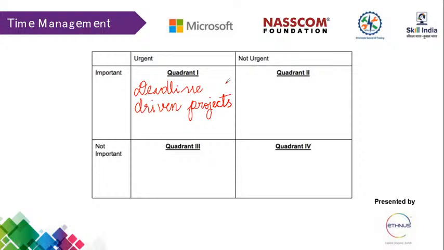Okay. Now, let's go to the next quadrant, that is important but not that urgent. Some examples for this important and not urgent quadrant would be a long-term goal. Long-term planning is important, but it's not urgent.